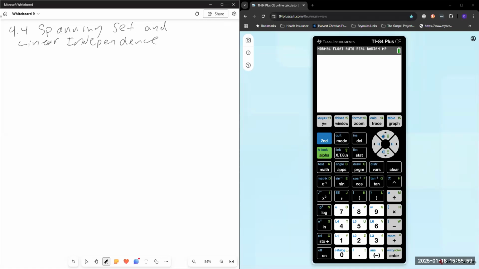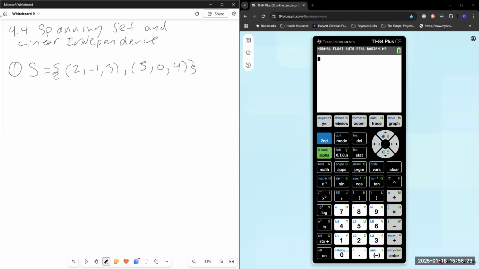So let's start with number one, which gives us S, a set of the vectors (2, -1, 3) and (5, 0, 4). We want to see if that spans.